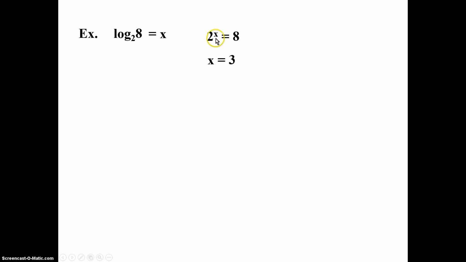Now, if we were to rewrite 8 as 2 cubed, we would have 2 to the x equals 2 cubed. Now that both bases are the same, we can set their exponents equal to each other, so we get x equals 3. Now I know I skipped some steps here, but hopefully you're able to follow, because this topic was discussed yesterday and the day before, the one-to-one property.